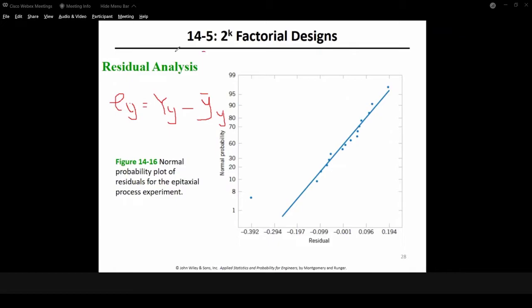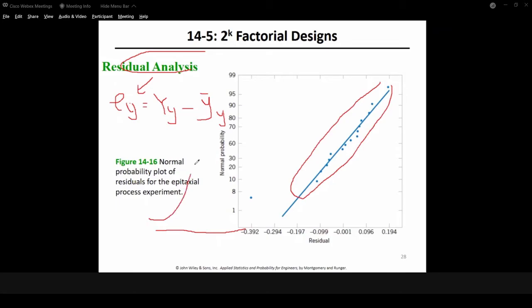In Minitab, you can just click the residual button, and they give you the data like this. What does it mean? Residuals are the error, and the most important is the error.